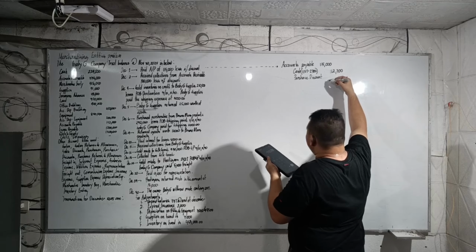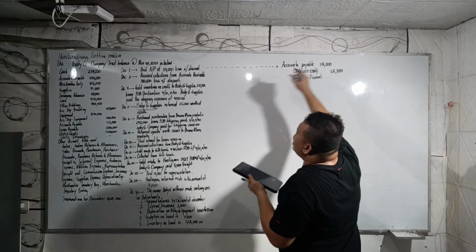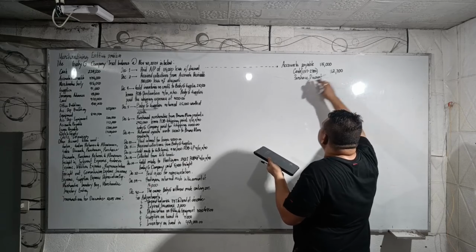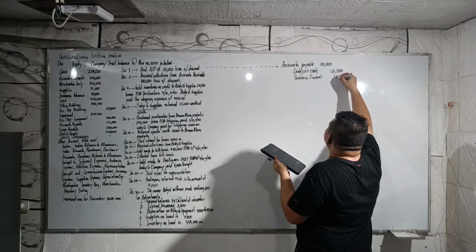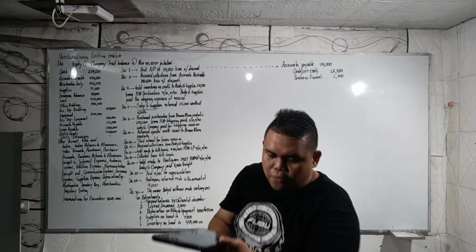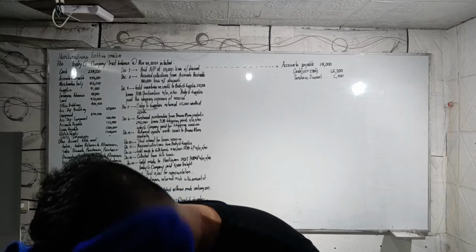So from our point of view right here, since we are the ones who have an accounts payable, we are the purchaser. So we're going to use the purchase discount. Again, that's 2,300. That's the entry for December 1.